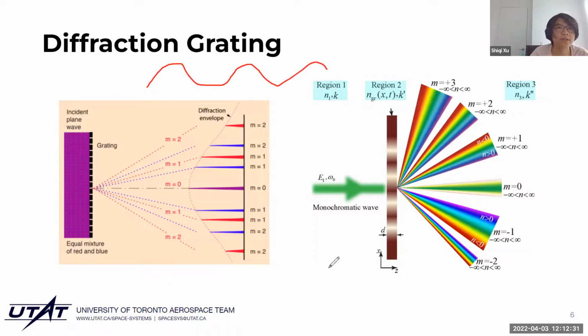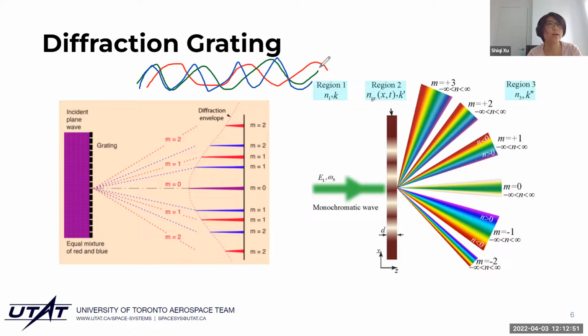Let's say red light looks like this, and green light looks like this, and then maybe my blue light looks like this. You can see how the peaks and troughs are out of sync, so they are going to diffract differently.